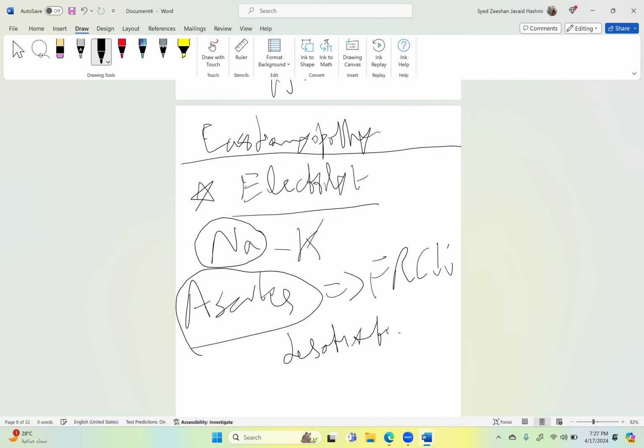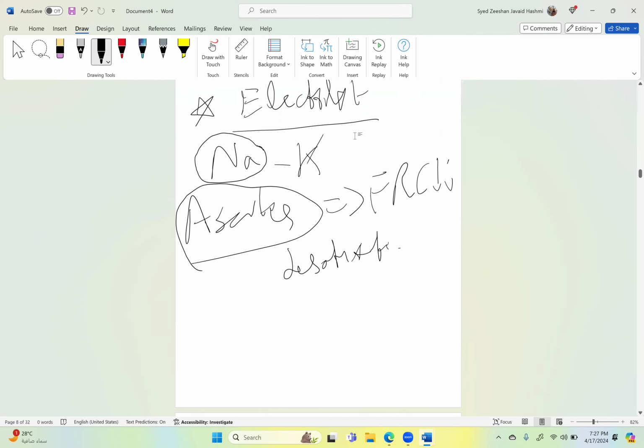So draining ascites, a pleural tap, will be a good idea in certain conditions to improve the post-operative outcome. These are some of the points, because post-operative ICU care will be needed.